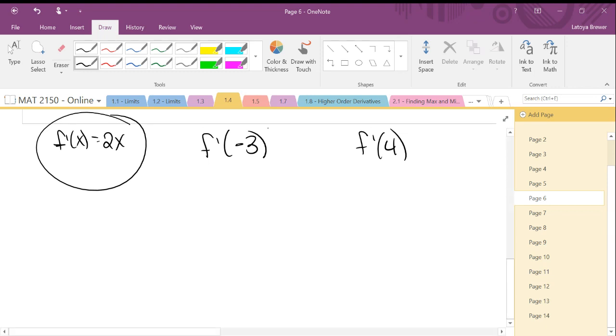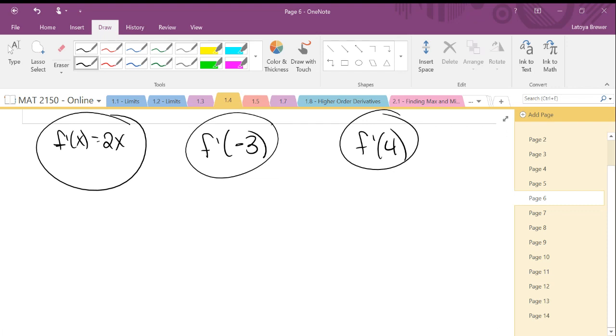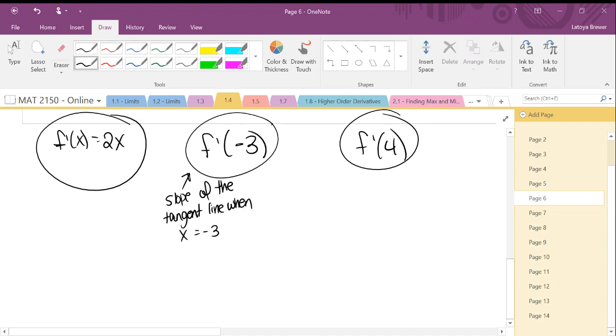But what this is asking me for is the actual slope of the tangent line at different places on the graph. In other words, this first one here is asking me to find the slope of the tangent line when x equals -3.